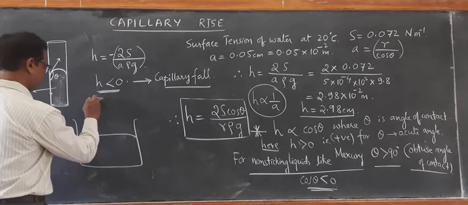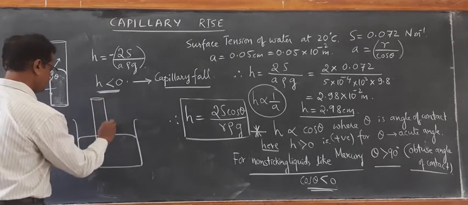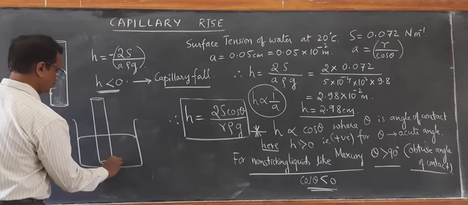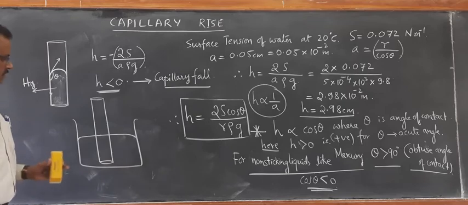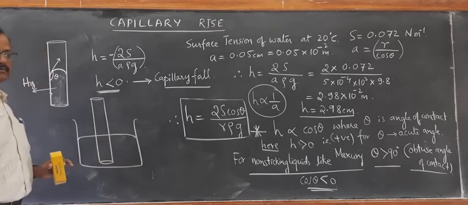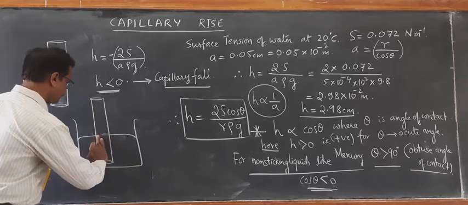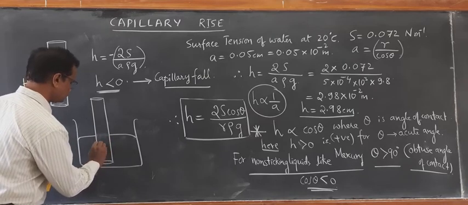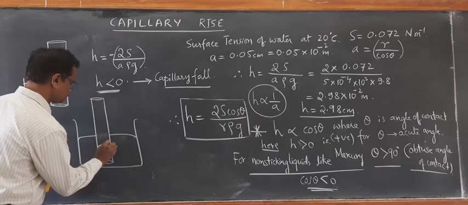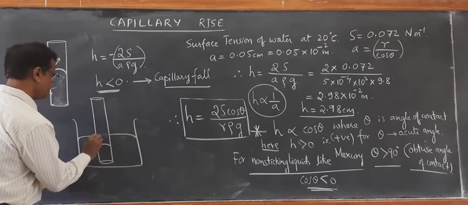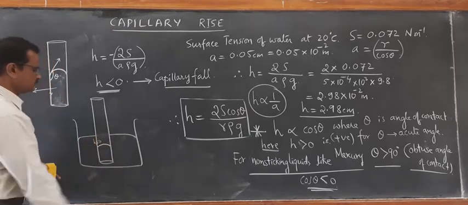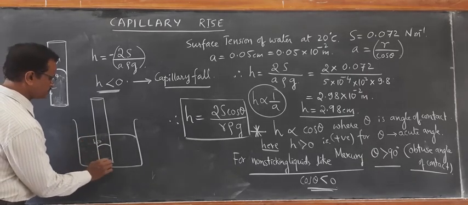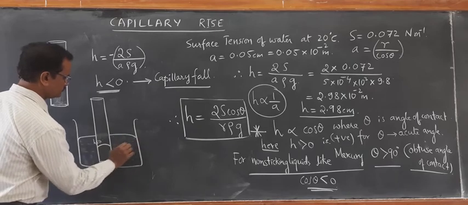If a capillary tube is dipped, because of high surface energy of liquid glass interface, capillary fall takes place. So H is going to be negative. So this is the consequence of surface tension, high energy surface tension.